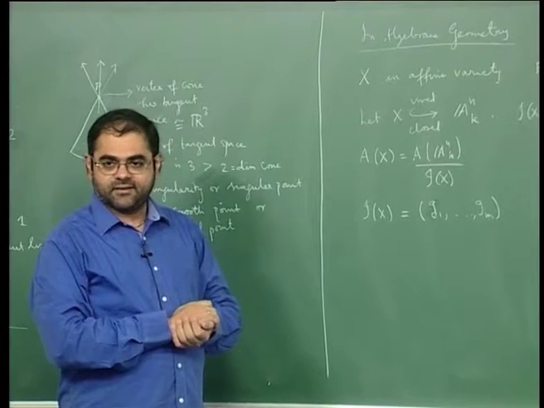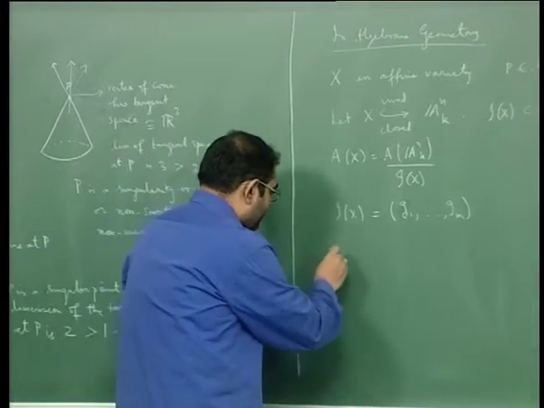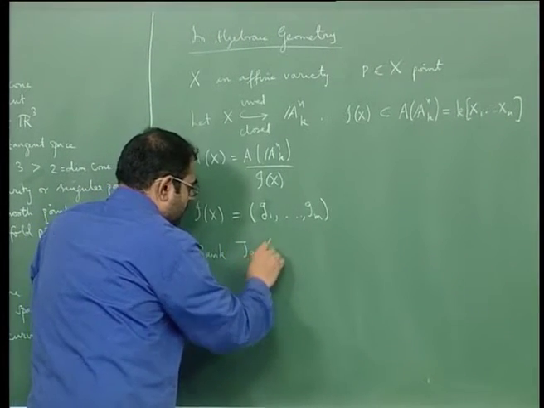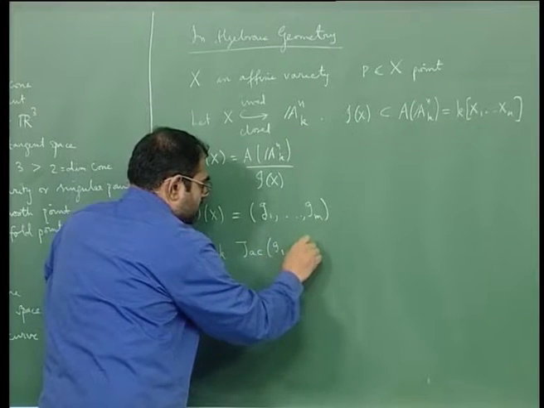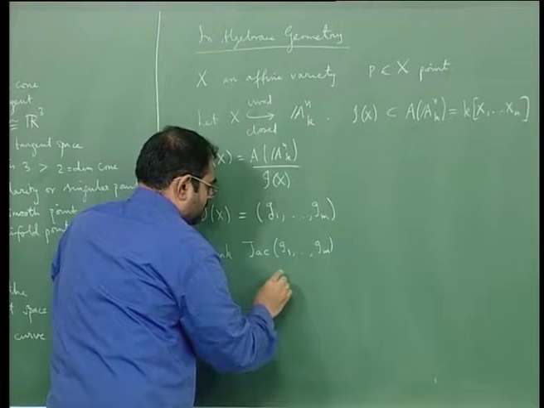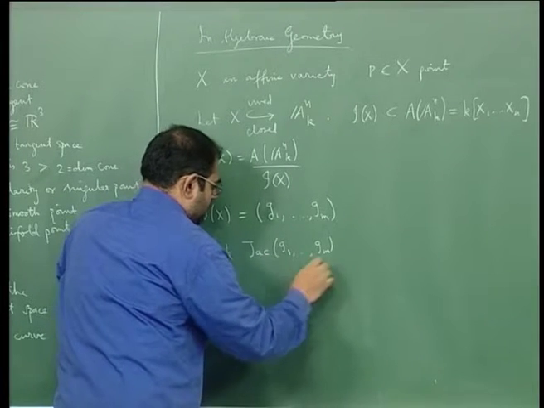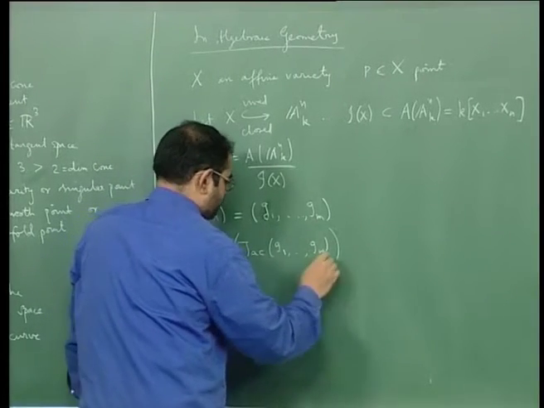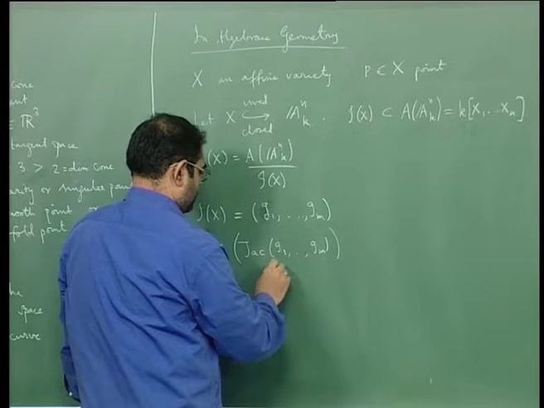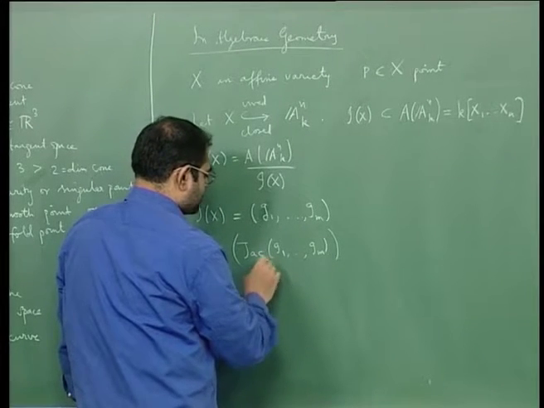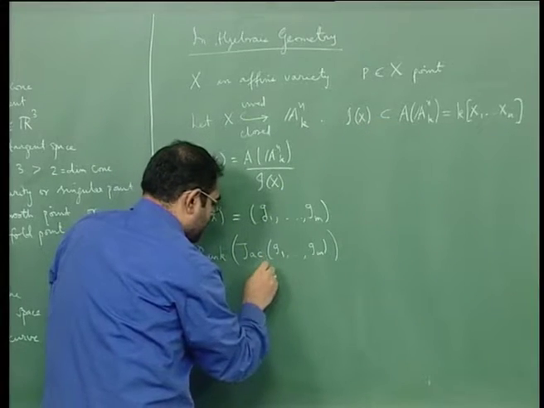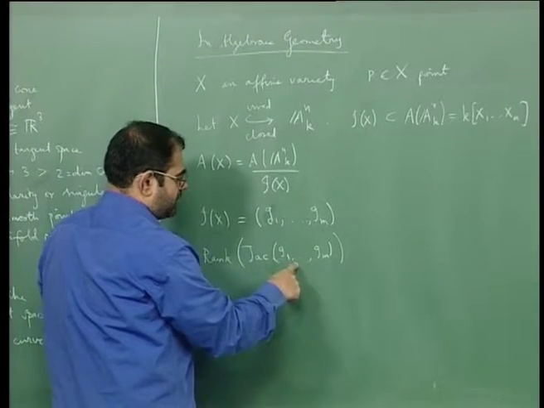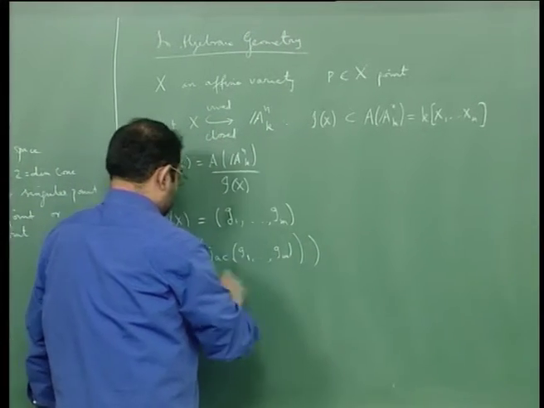So you calculate the rank of the Jacobian of G1 through Gm with respect to these variables at the point P.